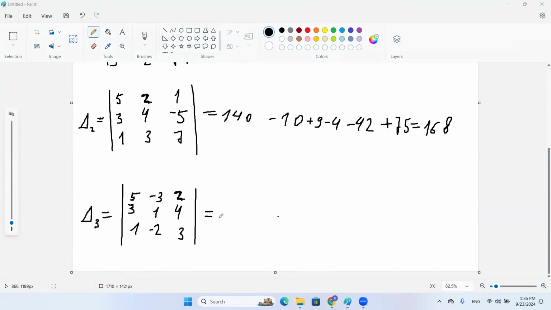Yes, so the result will be 15 minus 12, minus 12, minus 2, plus 40, and plus 27. And the final 56.